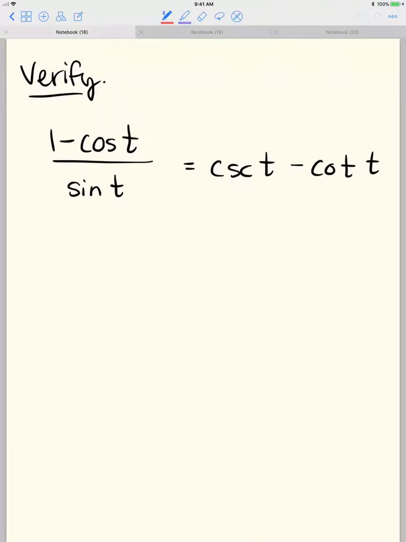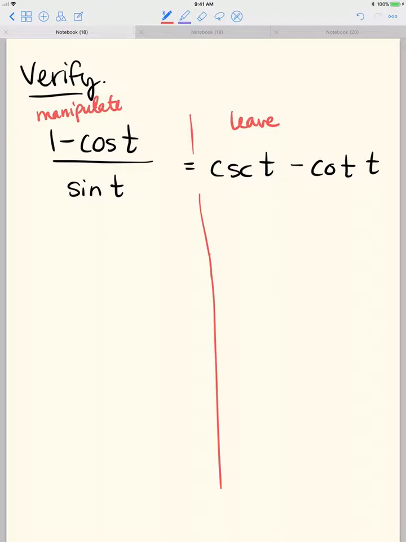All right. Next question has us do 1 minus cosine of t over sine of t equals cosecant minus cotangent. The left portion has a fraction, so that's the one that I'm going to manipulate, and I'm going to leave the right side. I notice the right side has cosecant and cotangent, and the left side has cosines and sines. So I'm going to end up using the relationships between those trig functions.